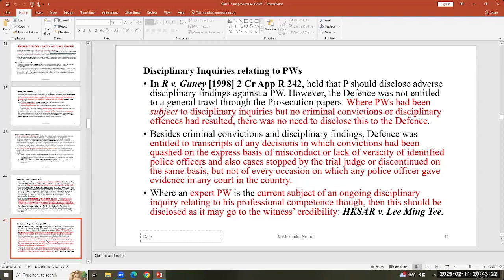In Li Ming Ti, the expert witness hadn't been convicted of anything. He hadn't had an adverse finding made against him, but the Court of Final Appeal still held that the fact that he was just undergoing an investigation should have been disclosed. Why? Because it was relevant to his credibility.